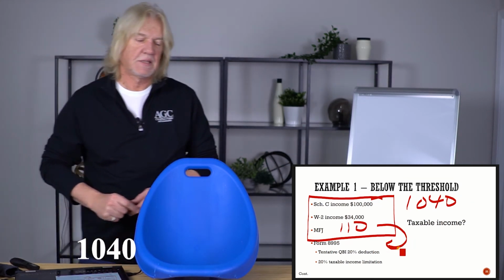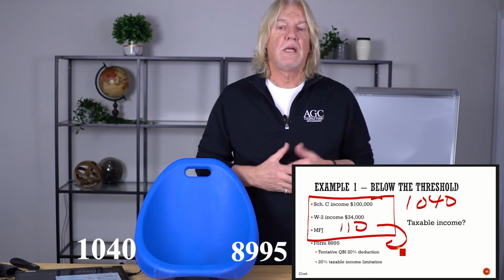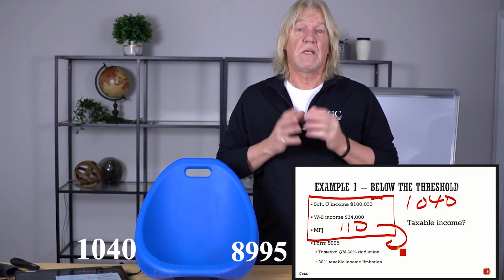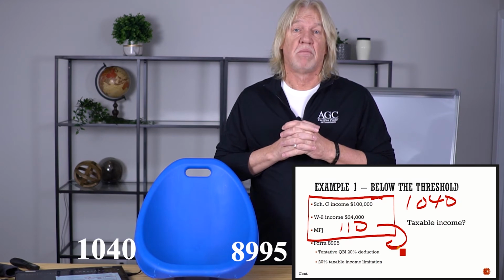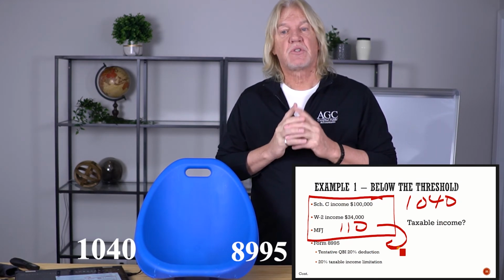Now let's take this and go over here. We're going to go on this side to do the Form 8995. So when I look, what is 20% of my QBI? Well, what is my qualified business income? From the given, it's 100,000. So let's take 20% of 100,000.